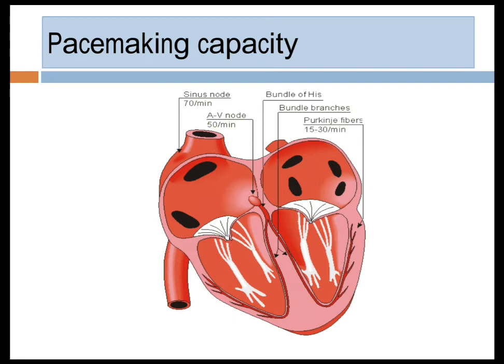Suppose I take the AV node out as well. If I take the sinus node and the AV node out of the heart, what will happen? Still, this heart can beat. How? The bundle of His will make its own beats at about 35 to 40 per minute, so it can still make the heart contract to some extent.